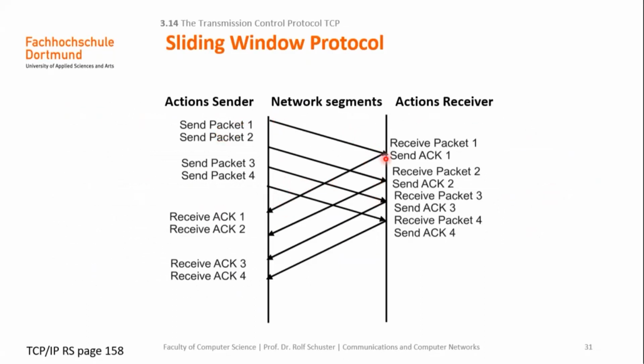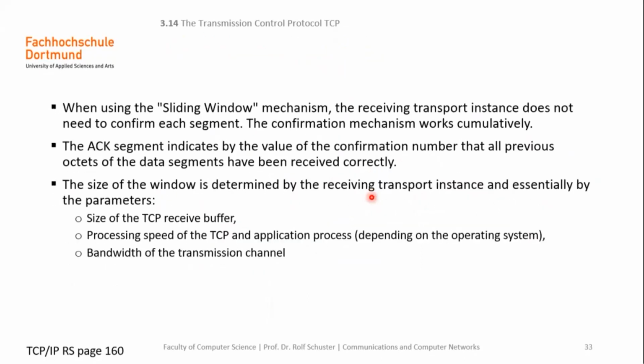We could, for instance, receive several segments and after that send an acknowledge for all the data that we already received. The acknowledge segment indicates by the value of the confirmation number that all previous octets of the data segments have been received correctly. Remember, in TCP, the acknowledge number indicates which is the next byte that we expect to receive.